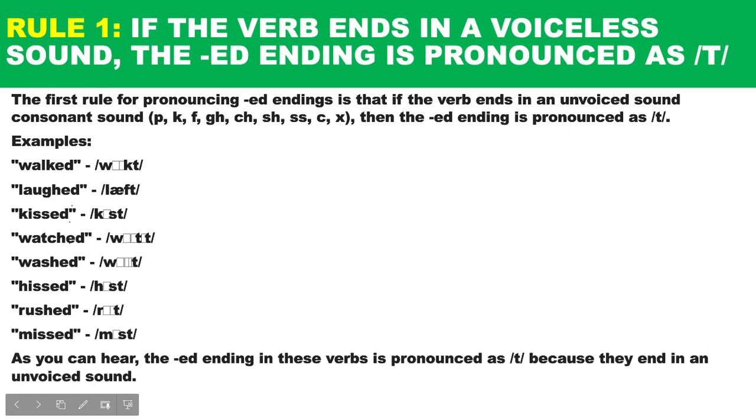Now, as you can hear, the ed ending in these verbs is pronounced as t because they end in an unvoiced sound. Now, what do we mean by unvoiced sound? When you look at walked, the last consonant K is a voiceless consonant. K, walk. All right. Now, when you pronounce the sound k, there is no vibration in the voice box.